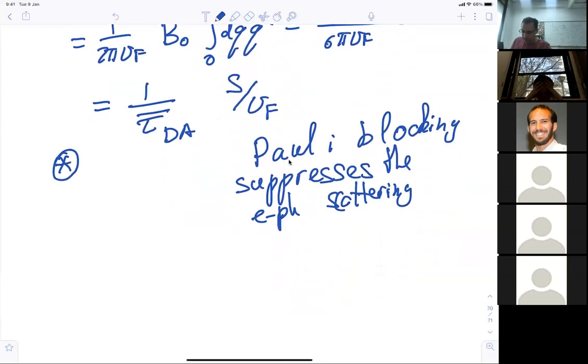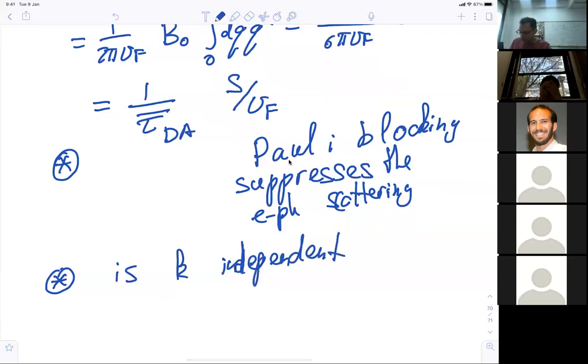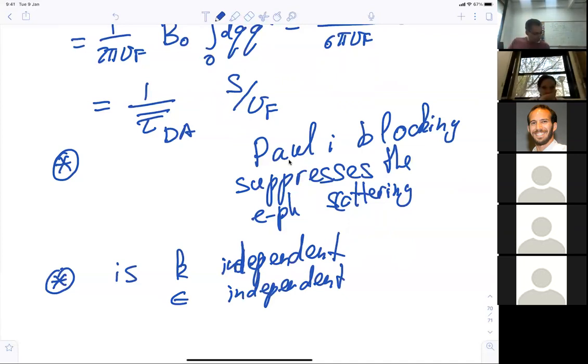Statement number 2, that this thing is k independent, or energy independent. And essentially, it's even temperature independent.